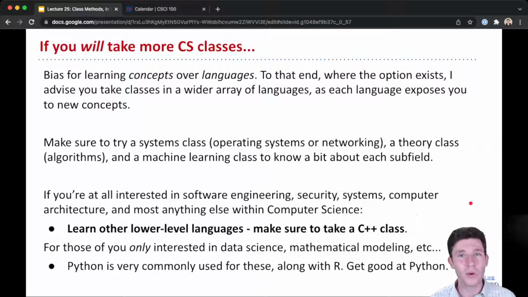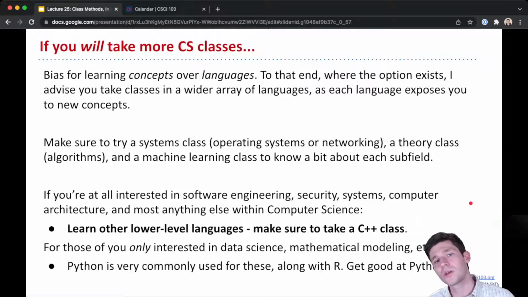Taking more languages will make you think differently about what the computer is doing for you. And once you learn C++, you'll see, oh, Python was doing so much stuff for me. The only way you'll find out what Python does for you automatically is by using a different language that doesn't do that automatically for you. So I encourage you to learn other languages.